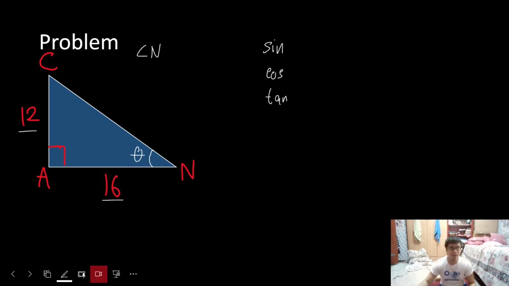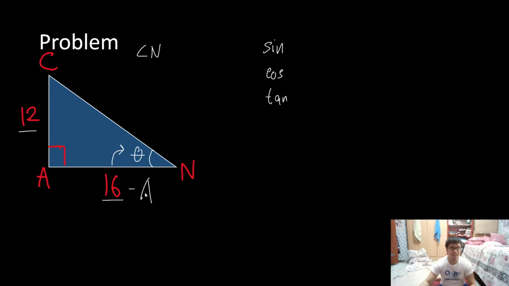So now that we are referring to the angle n, right? So there we can find our opposite side and adjacent side. Adjacent side is basically a side that is beside the angle. So that means 16 is beside theta.